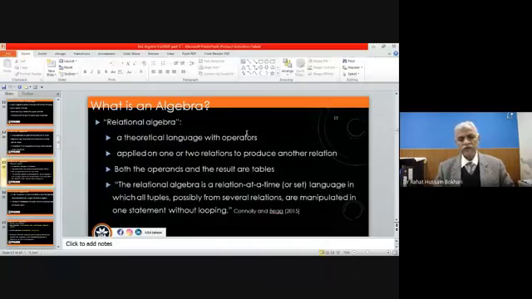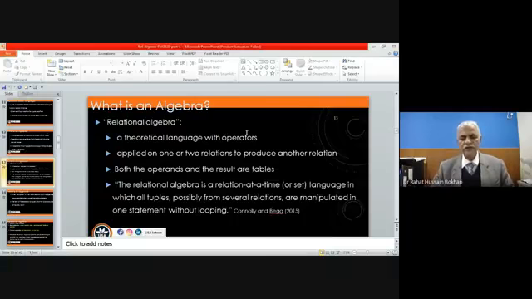To summarize, relational algebra is a theoretical language. Its operators may be applied on a single relation or on two relations, producing a single relation. Operators that consider one operand are unary operators; those that consider two operands are binary operators. But the main thing is the input is relations and the output is also a relation.